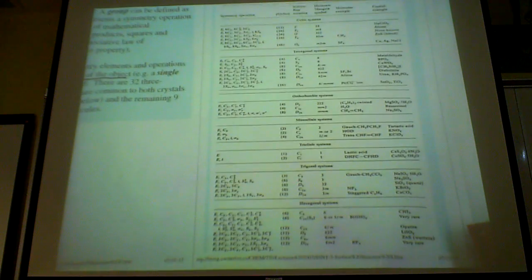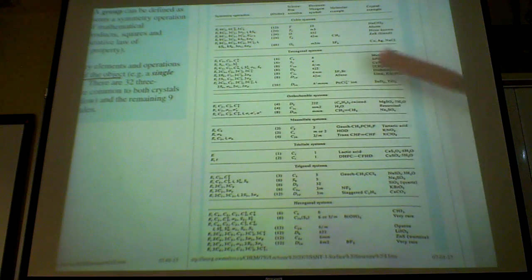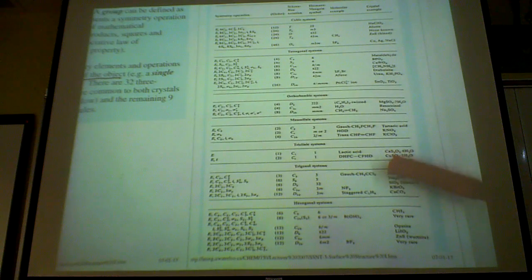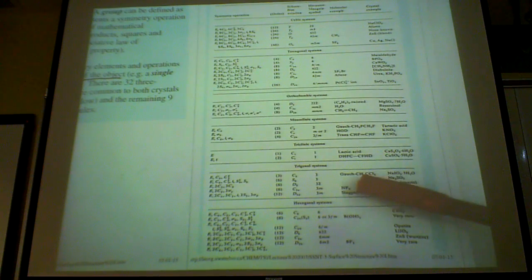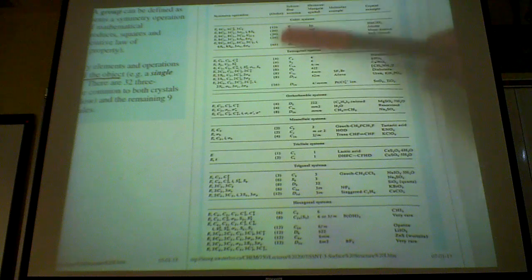And here they are, all 41 of these point groups. You don't need to memorize these things. Just for your future interest, in case you come across them, here are some molecular examples, like lactic acid or NF3 or this organic material, BF3, things like this. And these are the groups. Okay.